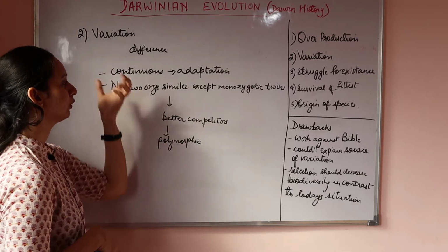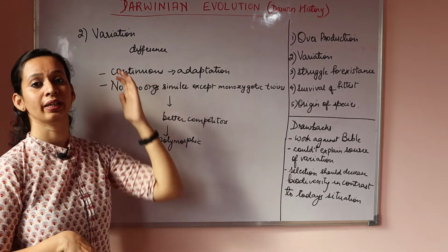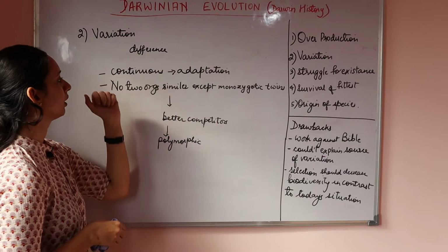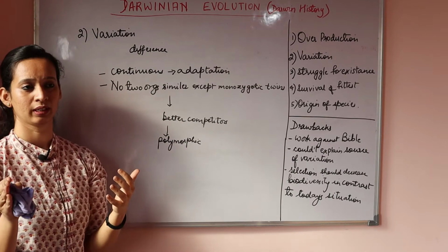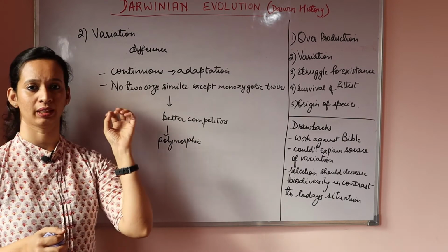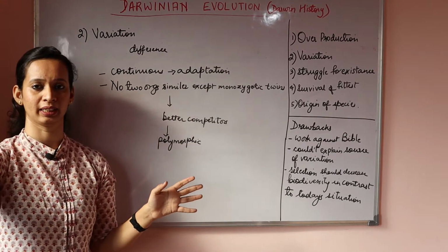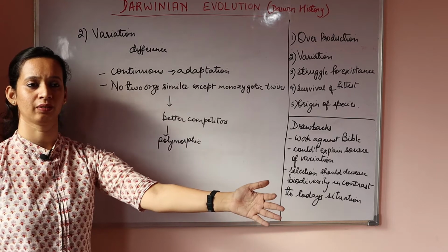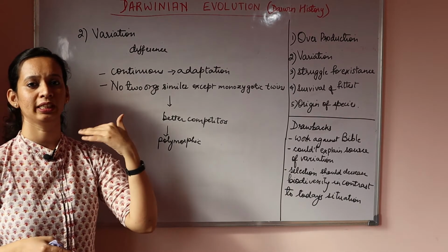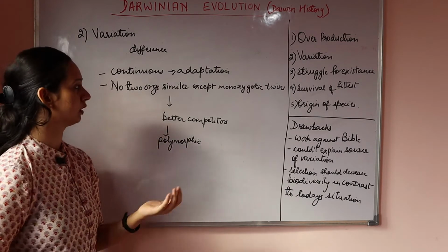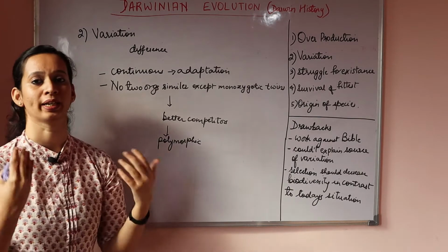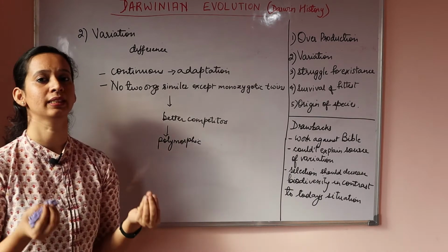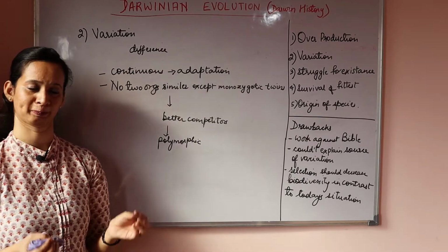So that is why this variation is required. Variation is continuous. It is not that one variation will happen now and then some other variation will occur later. Each variation is a continuous process and it leads to adaptation, and adaptation is important for survival.